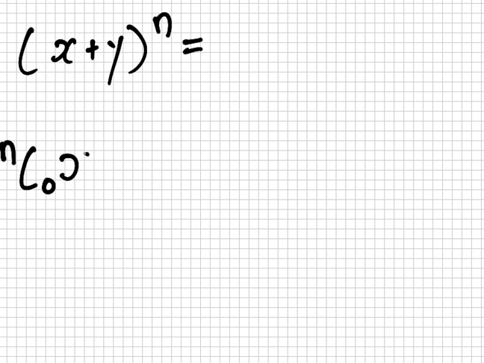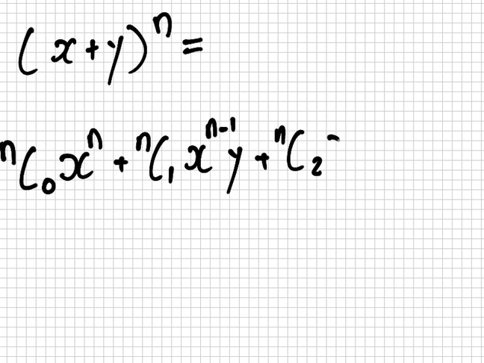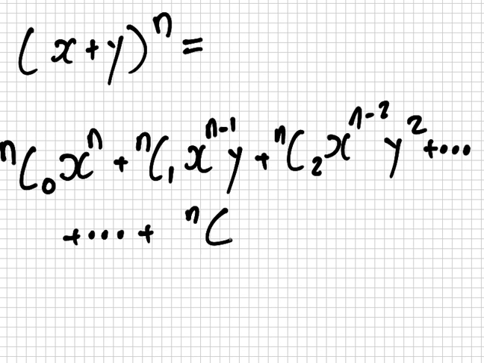The theorem basically says, if you have (x + y)^n and you want to expand it, that's nC0 x^n plus nC1 x^(n-1) y plus nC2 x^(n-2) y squared, etc., all the way down to the end, which would be nCn y^n, like this.